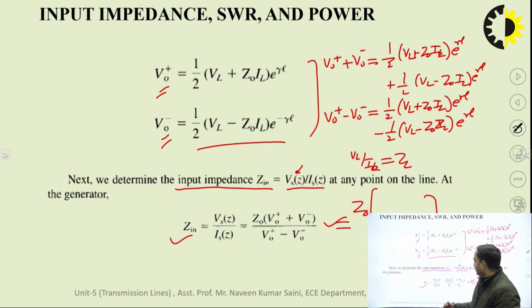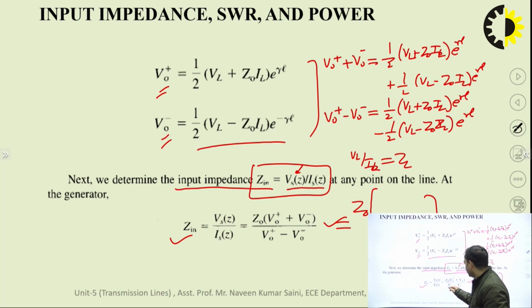Now the next step, the third step, we have used this equation Z in is equal to Vs upon Is. Taking it at Z is equal to 0, this equation will become Z naught times (V naught plus plus V naught minus) upon (V naught plus minus V naught minus). Okay, so this equation we have taken at Z is equal to 0.